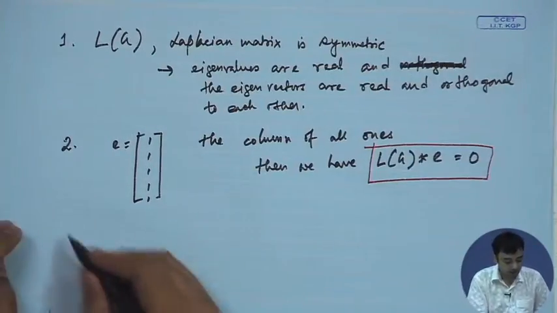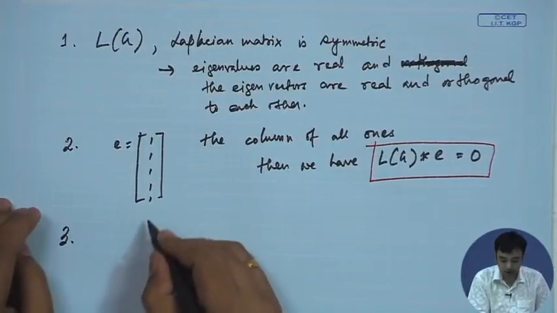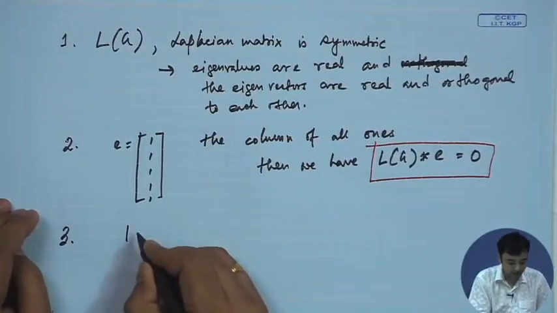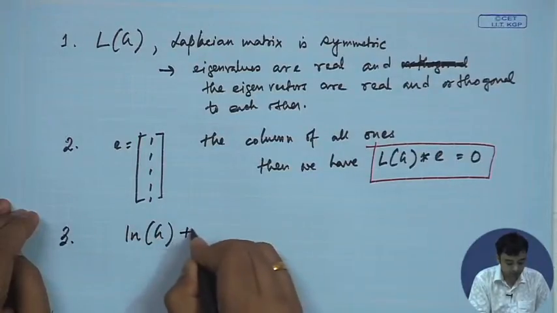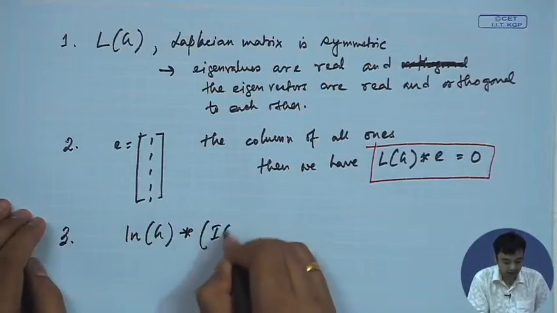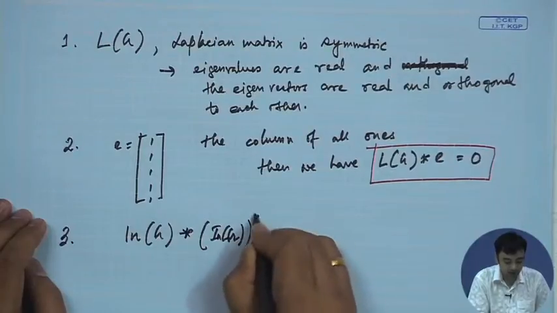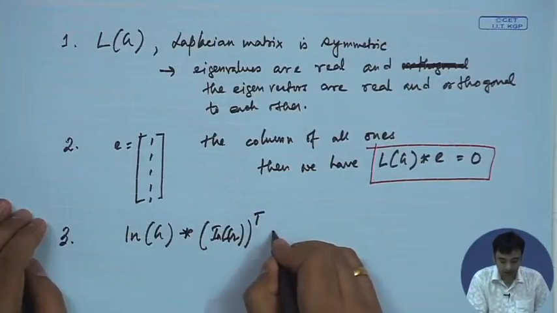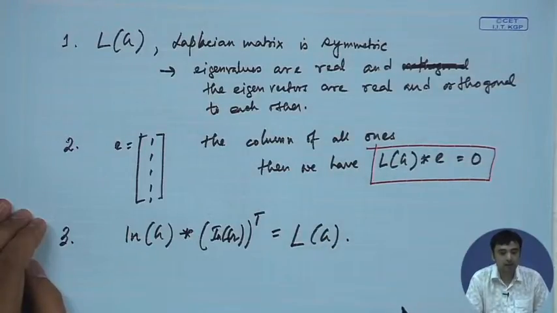Now, we have two more important properties which we will prove in a while. Let us first write the properties. The incidence matrix multiplied by the transpose of the incidence matrix actually returns the Laplacian matrix.